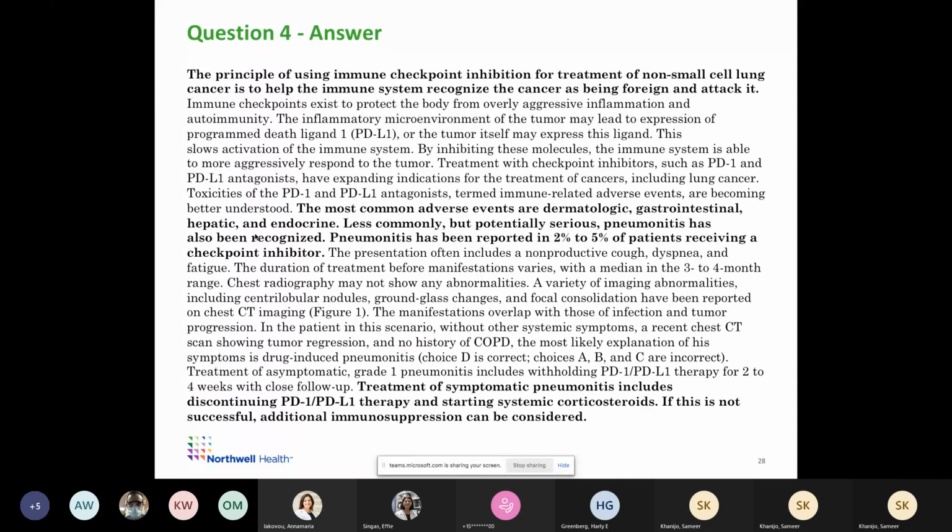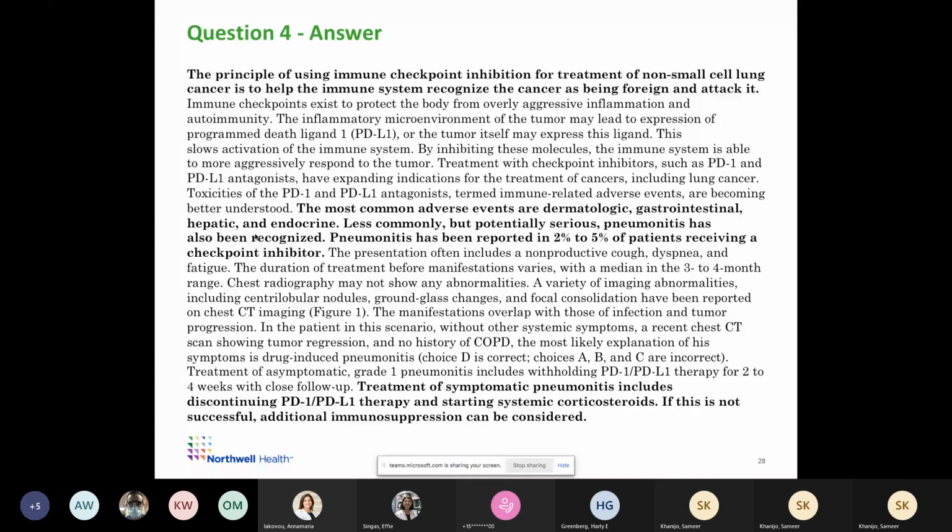It's not the most common adverse event. These drugs are related to a lot of adverse events, most commonly skin, gastrointestinal, hepatic, and endocrine manifestations. They can also lead to renal manifestations, if I remember correctly, and then less commonly, but potentially serious, pneumonitis has been recognized. In some reports you'll see 2 to 5%, some up to 7%.